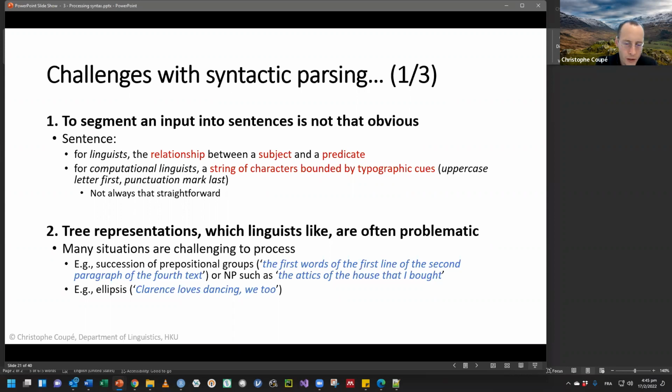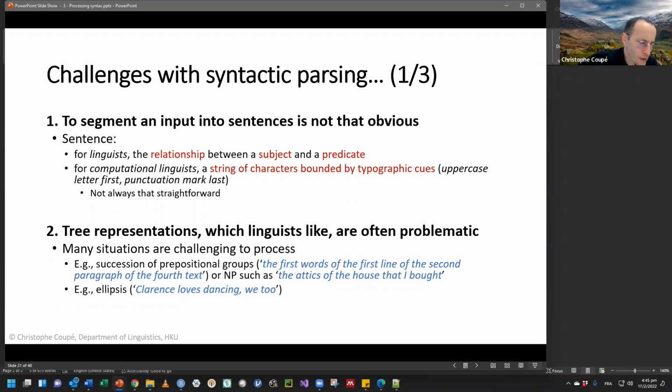That for a computer is kind of tricky. Or if you have a noun phrase like the attics of the house that I bought are very dirty. This is also very tricky because the construction is quite complex. So a linguist will be able to build a tree, but for a computer, it's not easy.